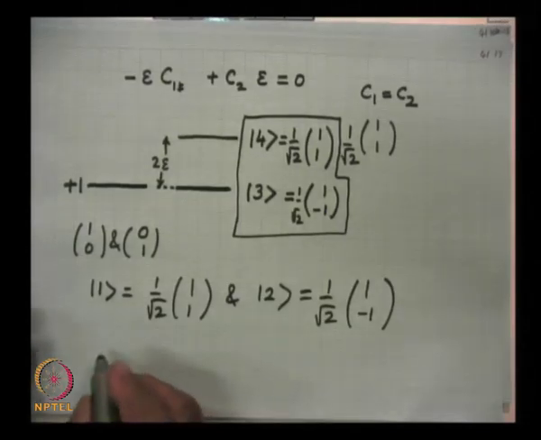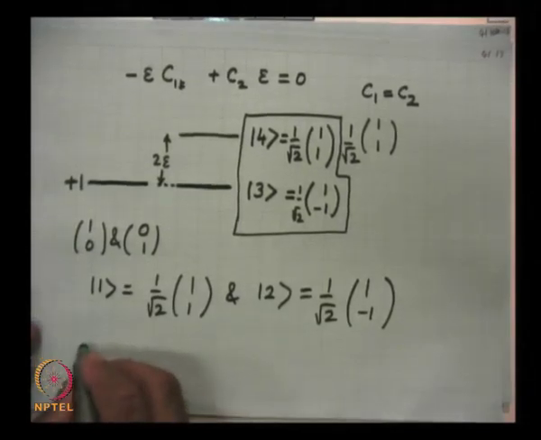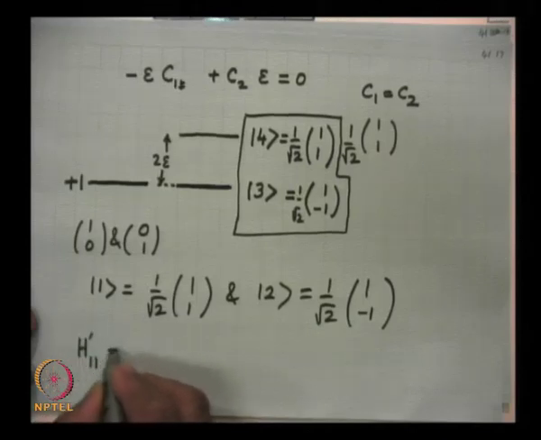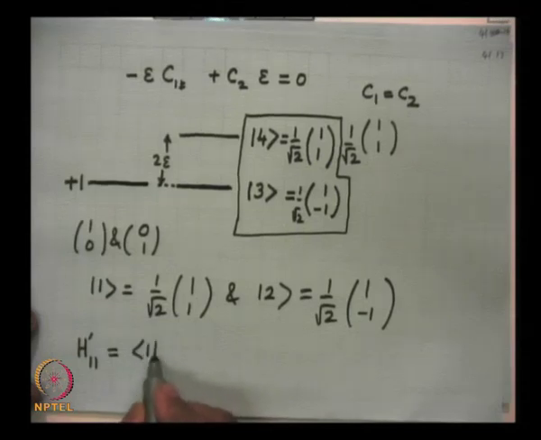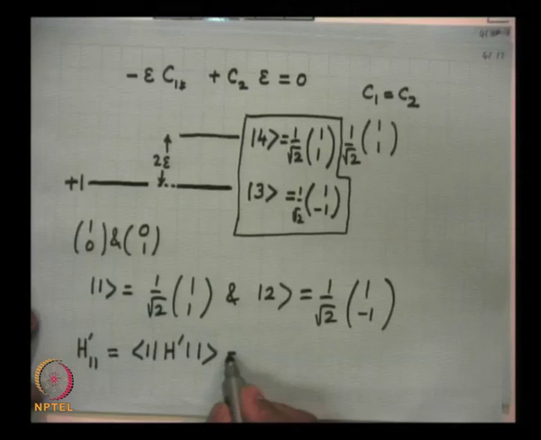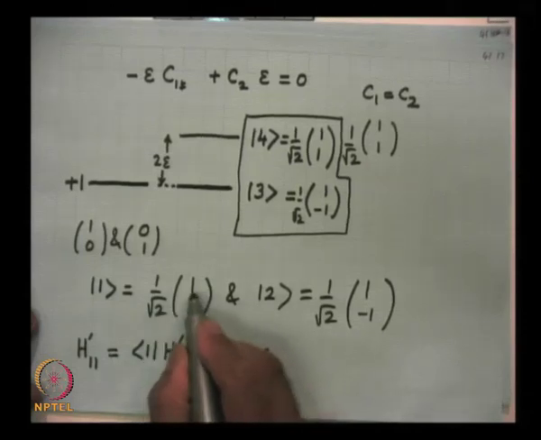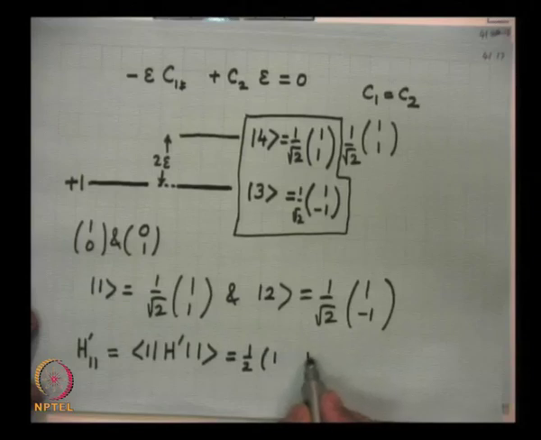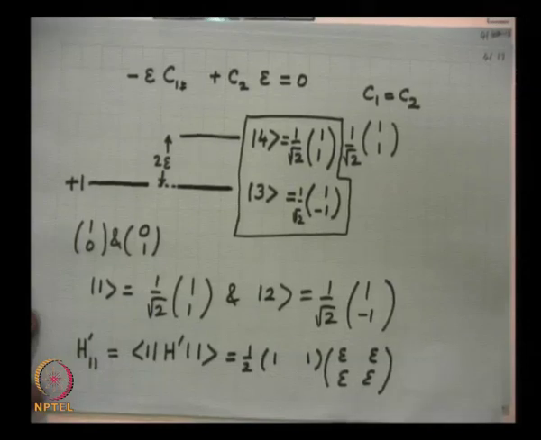Now, notice, what is H prime 1 1? H prime 1 1 is equal to bra 1 H prime ket 1. So, this is equal to half, 1 1, the bra 1 will be 1 1, times the matrix epsilon epsilon epsilon epsilon, times 1 1.